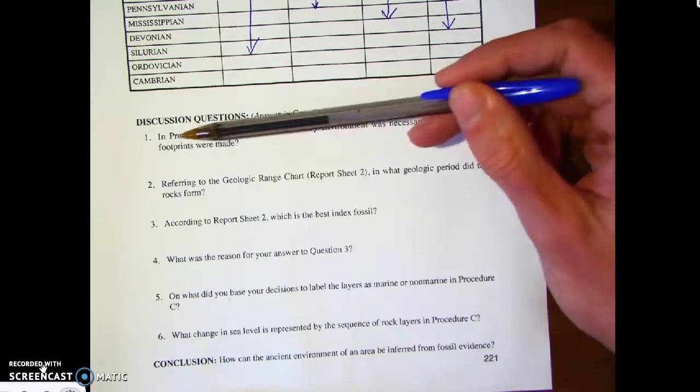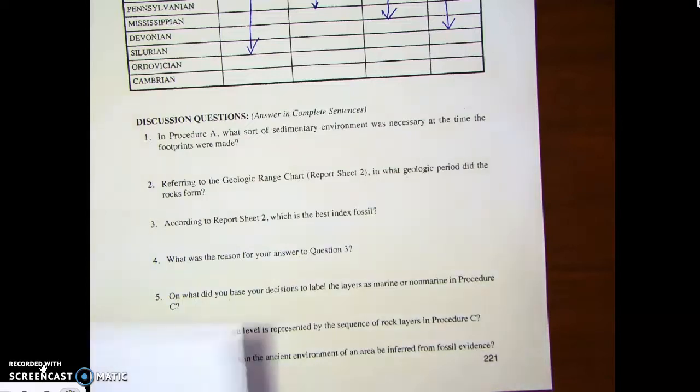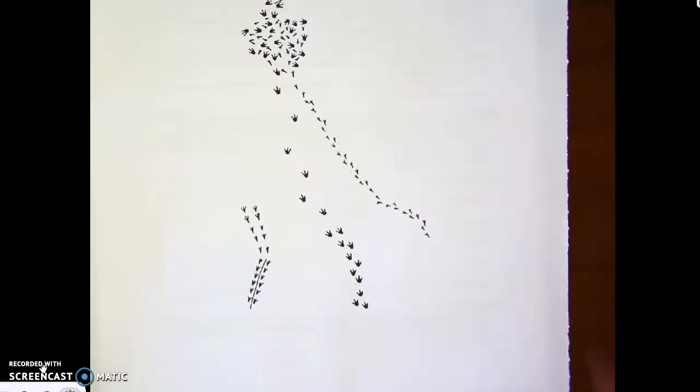For the first question, it says, in Procedure A, what sort of sedimentary environment was necessary at the time the footprints were made? Well, in order to get good footprints, we needed a fine sediment. I'm not going to write the answers for you, that's your job, but I'll explain what the question's getting at. We need a fine sediment, and think about what you would need to have a footprint.